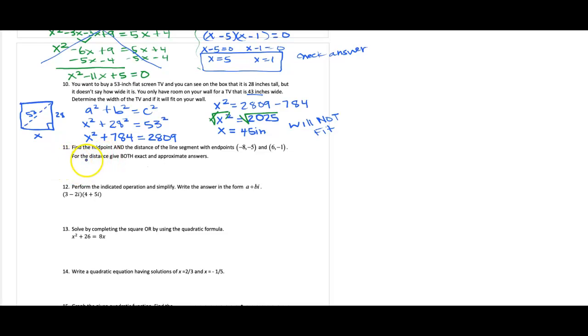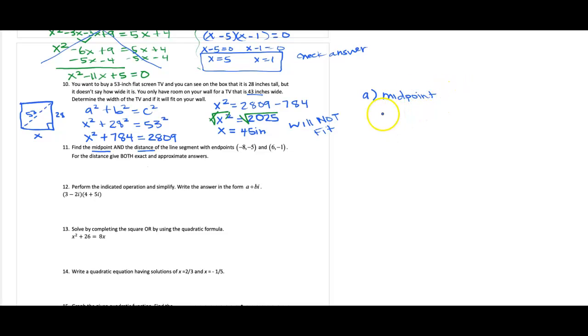Okay, number 11, you're going to use the midpoint and the distance formula in order to figure out both of those. So we're using the same points on both of them. But let's go ahead and do the midpoint first.